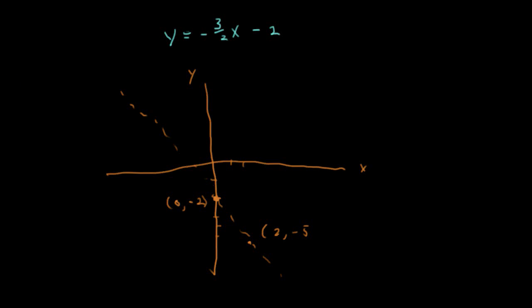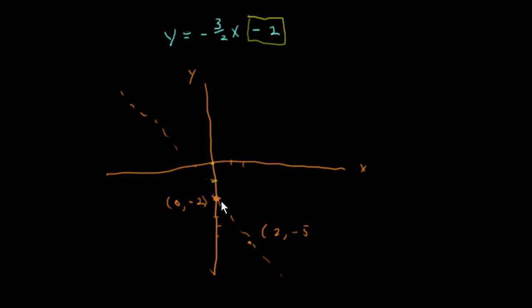Okay, so first off, when it's in slope-intercept form, the first thing to do is take this part right out here. This is the y-intercept. And that'll tell us where our line will cross the y-axis. And it crosses down here 2 units below the origin.